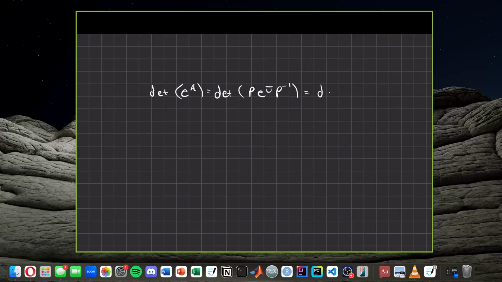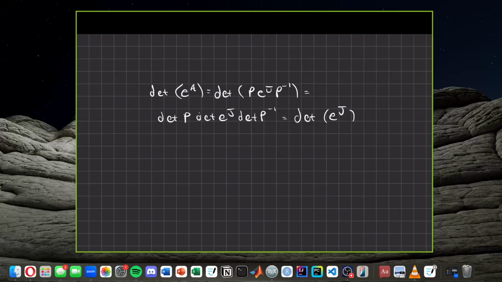This is the determinant of P times the determinant of e to the J times the determinant of P inverse. The determinant of P inverse is 1 over the determinant of P, so we just get that we're looking at the determinant of e to the J, relying on the fact that P is invertible, which yields the identity formula.